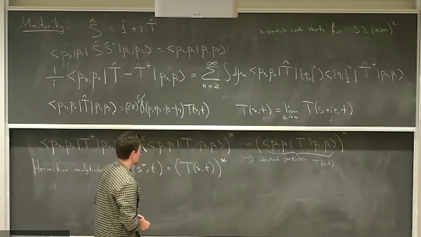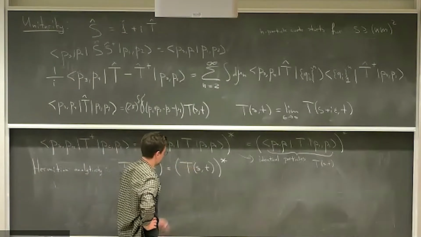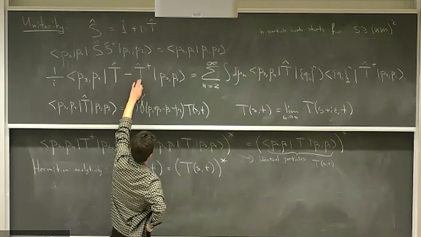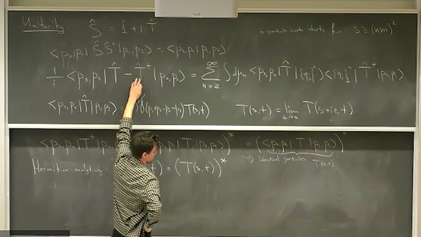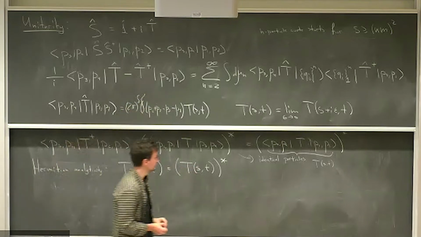Now, the statement here is that if you take this T slightly above the real axis, and so we just looked here and said that this matrix, which involves T dagger, is T star.